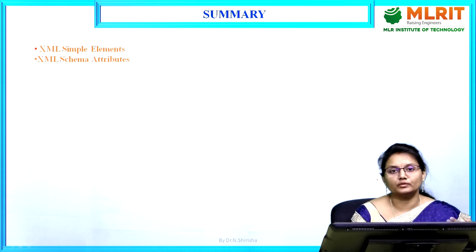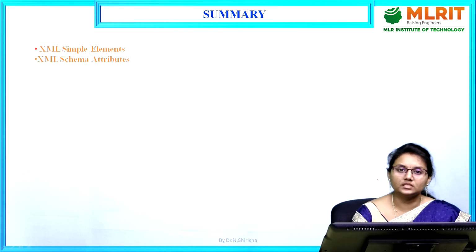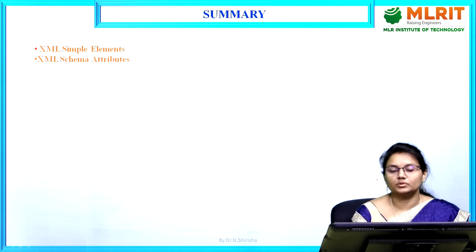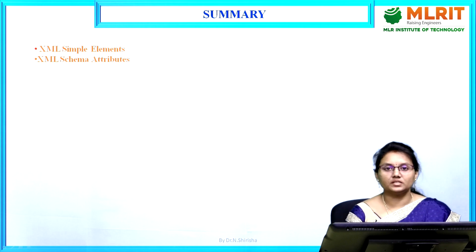Other than those, if you have any attributes defined in the XML, then we will go for complex type. If you have a series of child elements in the complex type, then all the series of child elements will be written in the sequence type. If you don't want to use any attribute other than default attributes, then we'll go for simple type only. So in two ways you can define an XML schema.